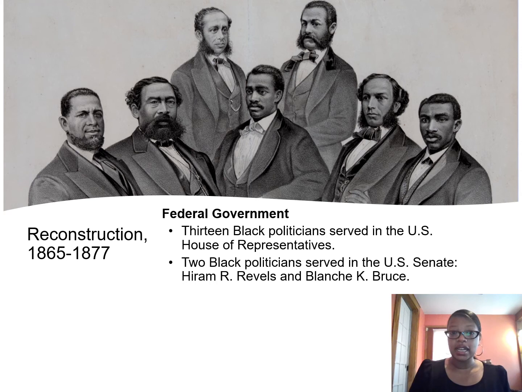Most impressively, on the federal level, 13 black men served in the United States House of Representatives, and 2 black men served in the United States Senate, Hiram R. Revels and Blanche K. Bruce. And this is an image of some of these impressive black politicians. So this gave African Americans a lot to be proud of and a lot to be excited about. They felt that, okay, maybe we really are able to make some progress.